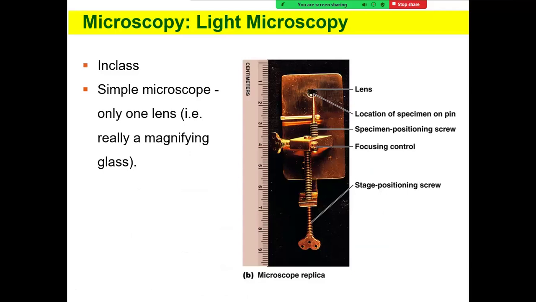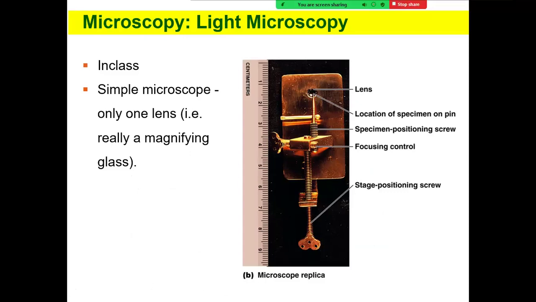Now, this is a simple microscope. It has only one lens for magnifying. So a simple microscope is really just a super duper magnifying glass. Magnifies only one time with one lens.